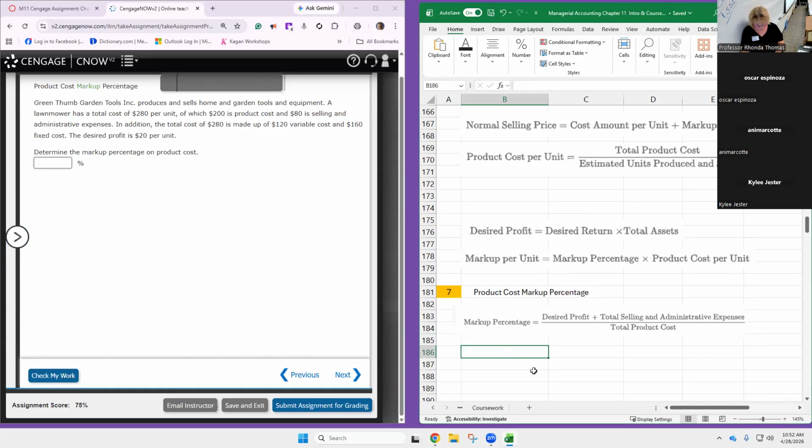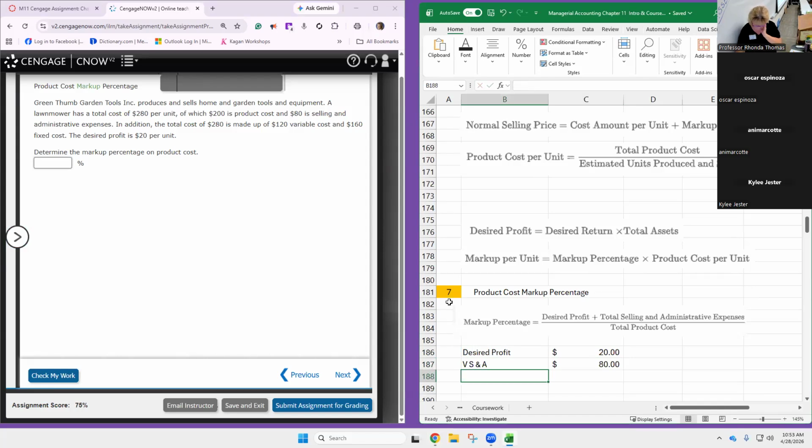So our desired profit is $20, and our selling and admin is how much? It is $80. I'm going to just list these. Our desired profit is $20 per unit, and we have selling and admin per unit of $80.